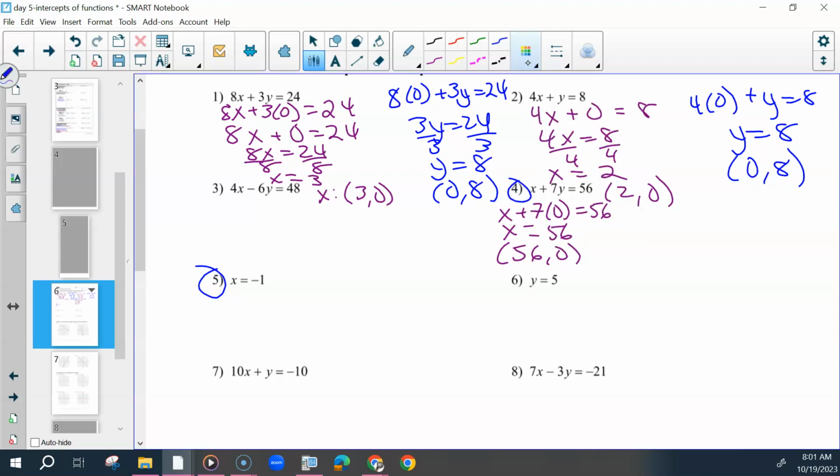And then same thing for our y-intercept, put 0 in for x, so that y equals, and we would write that as 0, 8. It's pure coincidence that all of these are 0, 8. I did not make these up.